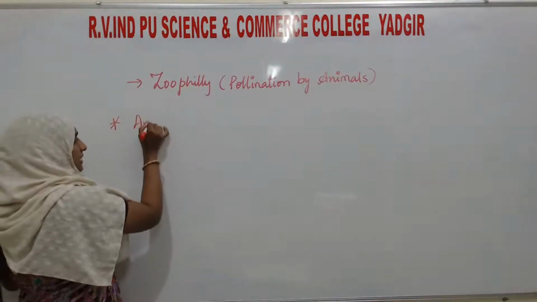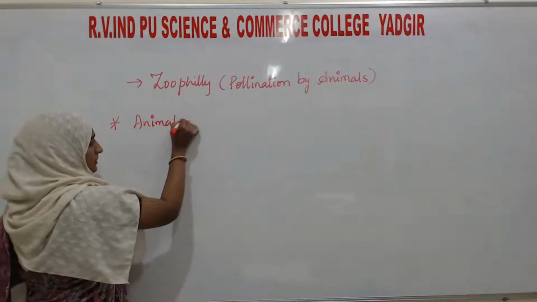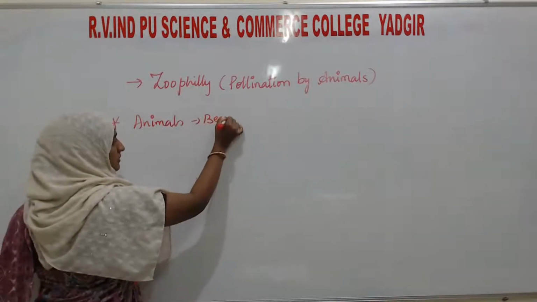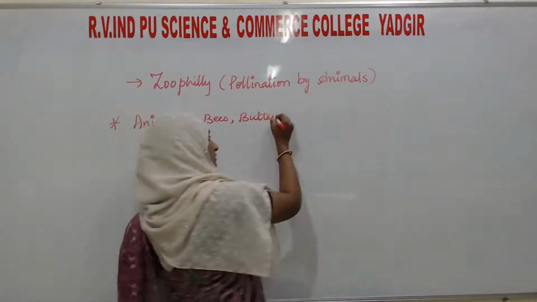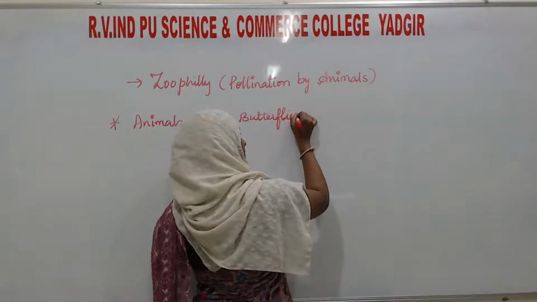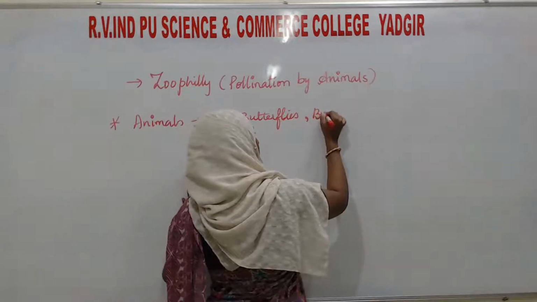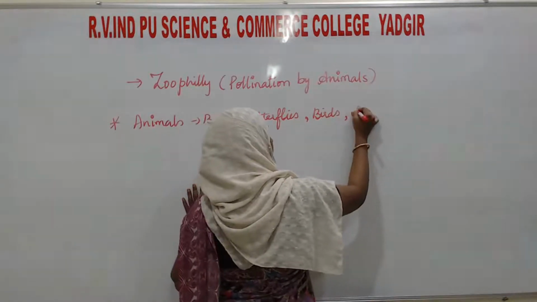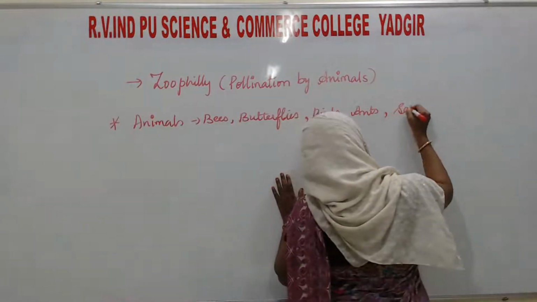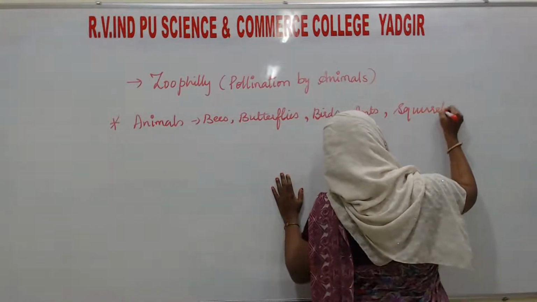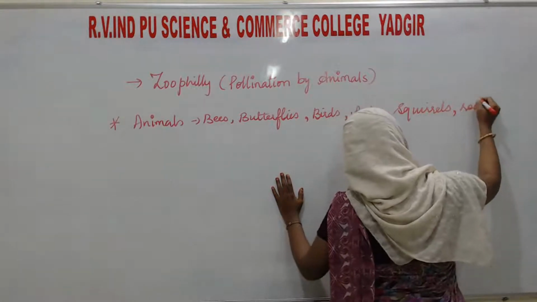The animals are such as bees, butterflies, birds, then ants, then squirrels, rodents or rats.